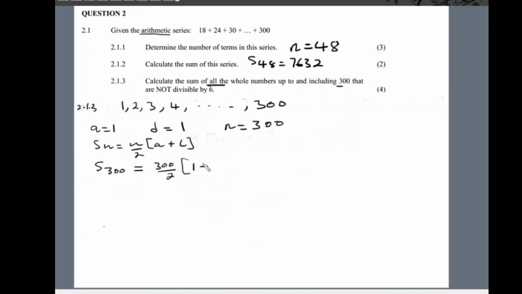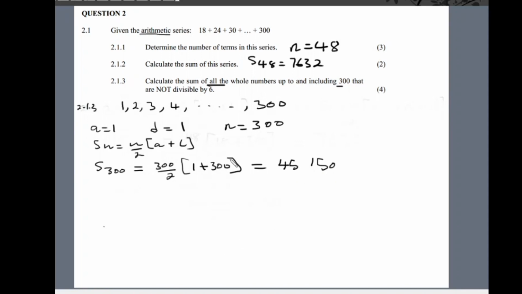The first term is 1, the last term is 300. So this will represent the sum of all the whole numbers, including those that are divisible by 6, right? The sum of all the whole numbers up to and including 300. In this sum, we also have those terms that are divisible by 6, right? So if you punch this in your calculator, you'll get that the sum of all the whole numbers is 45,150, right?